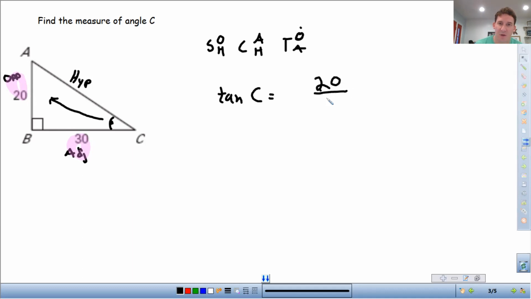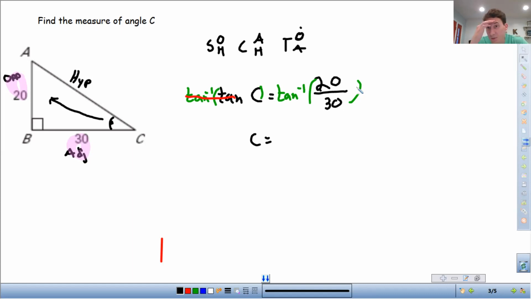Now to solve, you just have to do the inverse tangent. Super simple. Take the inverse tangent of both sides. Those cancel each other out, and you're left with just C. The inverse tangent of 20 over 30, that's 0.6666.